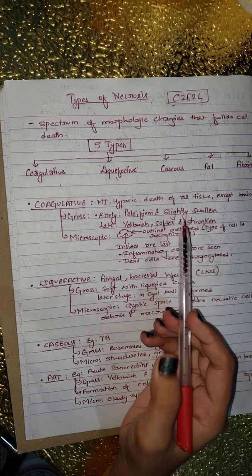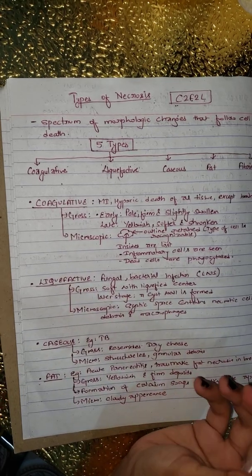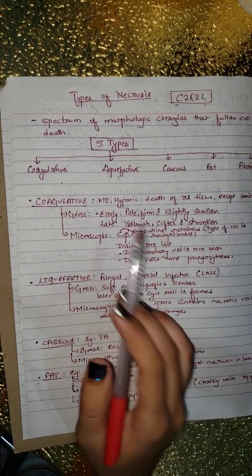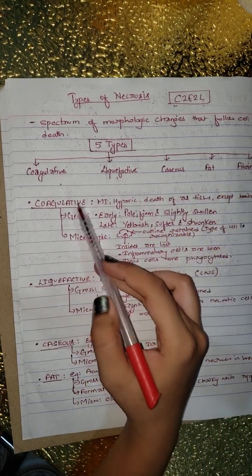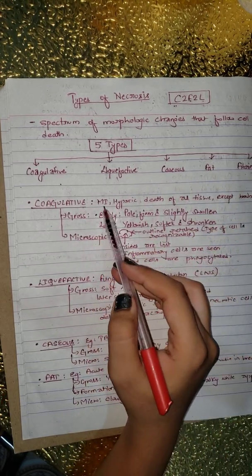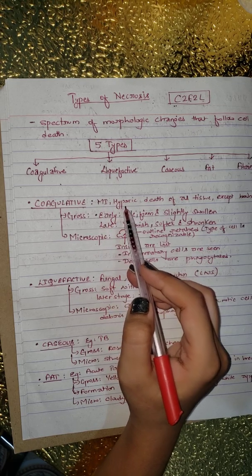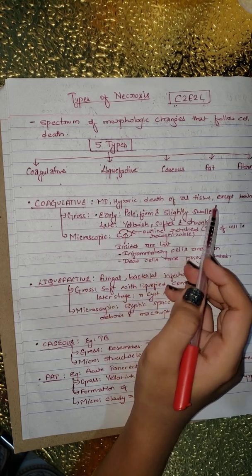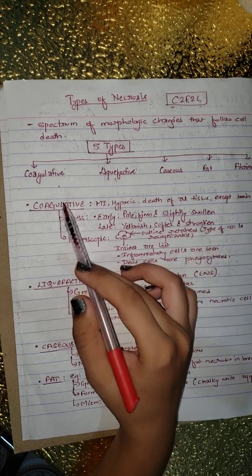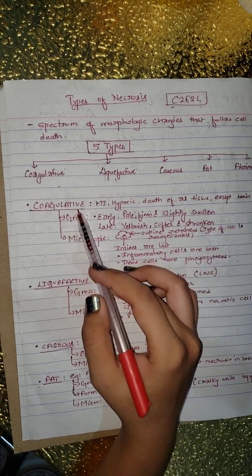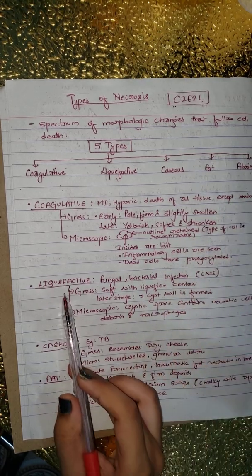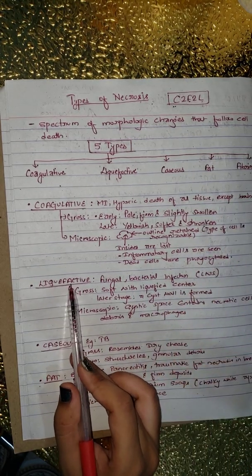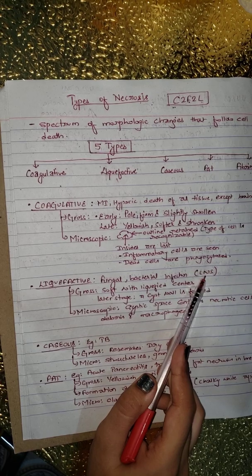What is coagulative? As we know, coagulation means accumulation of something. So there are certain examples of each of the following. The example of coagulative is MI, myocardial infarction or hypoxic cell death of all tissue except brain. If the type is coagulative, it is except brain, but if the type is liquefactive, it is the CNS.